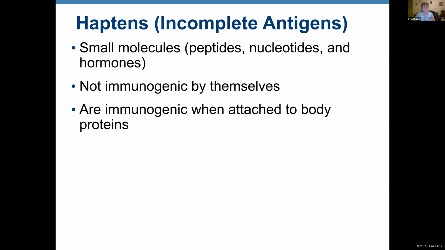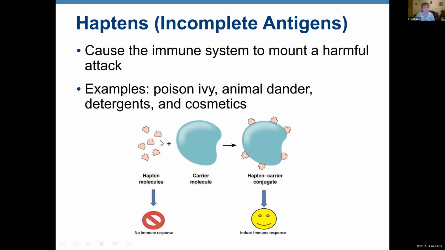When people have allergies to pollen, that would be an example of haptens. Haptens cause the immune system to mount a harmful attack on something that is not really dangerous, like poison ivy, animal dander, detergents, cosmetics. Something where you say, oh, I have an allergy to something.